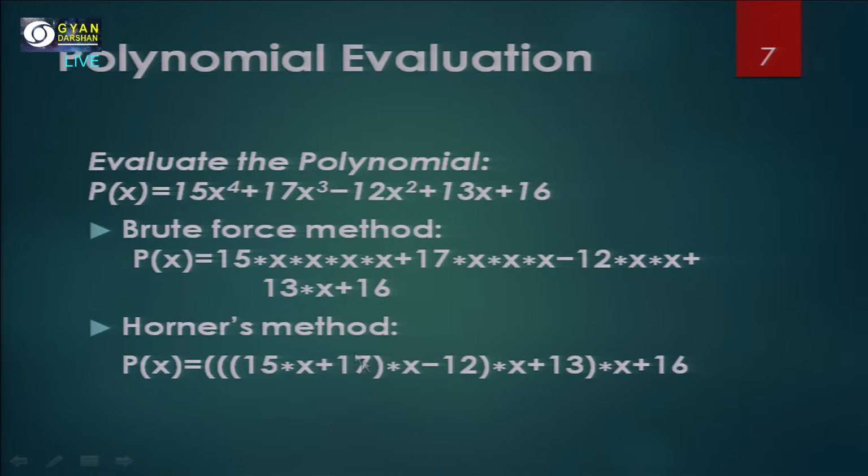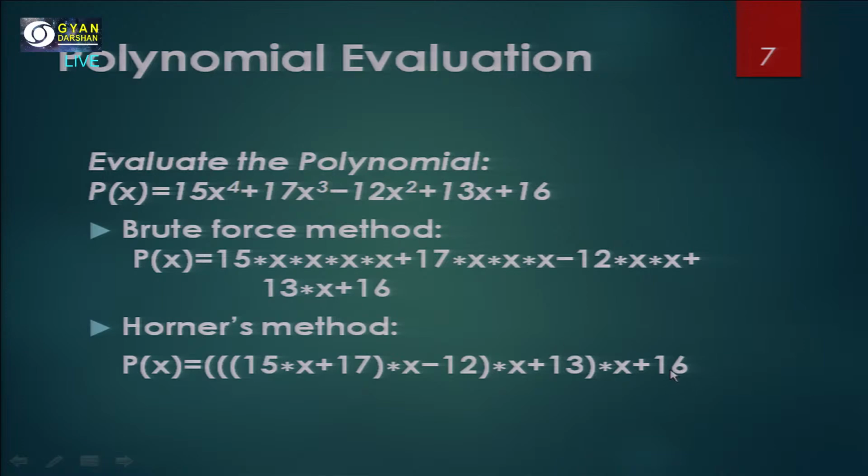So 15x plus 17 was coming from 15x and 17, the coefficient of this x cube term, and then it is being multiplied by x completely, minus 12, that is the next coefficient. Then once again this complete stuff is multiplied by x plus 13, which is this coefficient, and finally 16 is added.